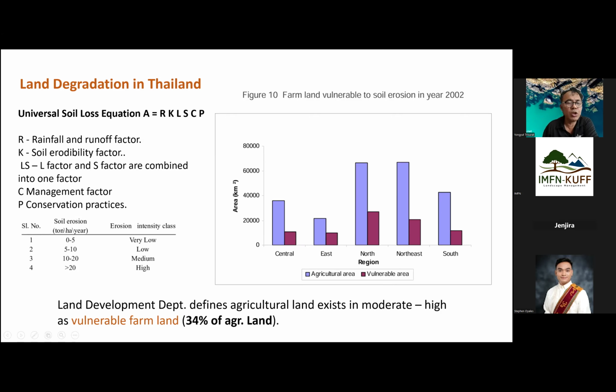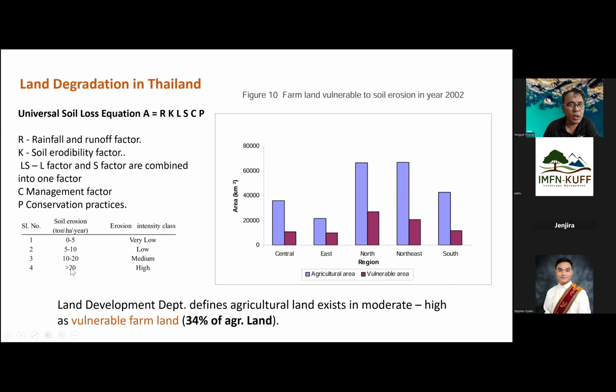If we have conservation practice like terraces or crop cover, the erodibility is quite low. Based on this equation, we can calculate and classify the erosion into 4 classes. One is very low erosion, less than 5 tons per hectare per year.